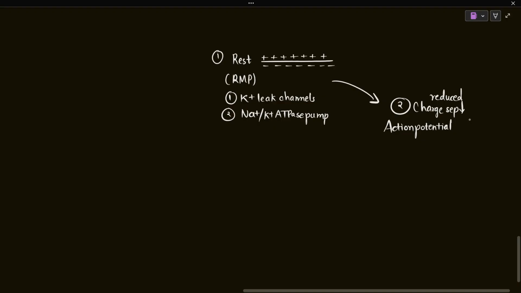The reduced charge separation generates an action potential, which is nearly equal to the equilibrium potential of sodium ions. Here the resting membrane potential was nearly equal to the equilibrium potential of potassium ions. It does not reach that value exactly due to some efflux of potassium ions as well. This is achieved due to the opening of voltage gated sodium ion channels.